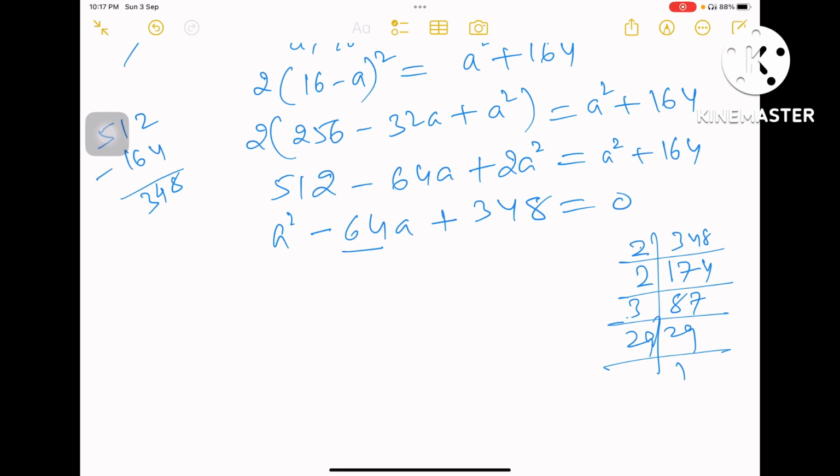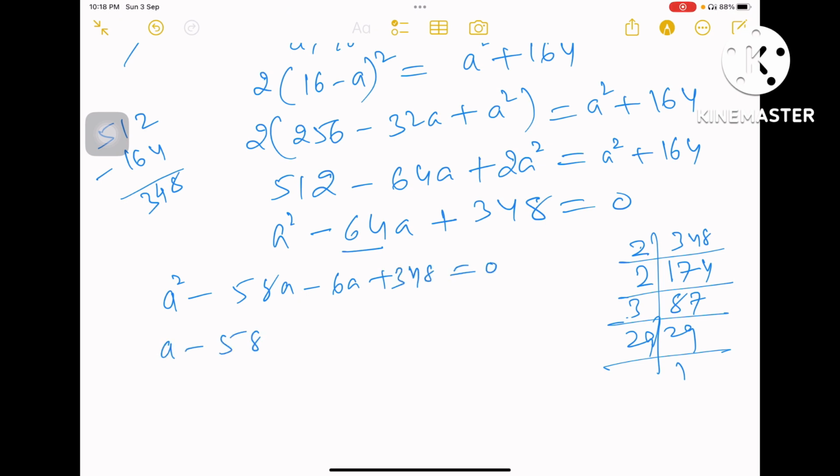So 58 and 6. A square minus 58a minus 6a plus 348 equal to 0.